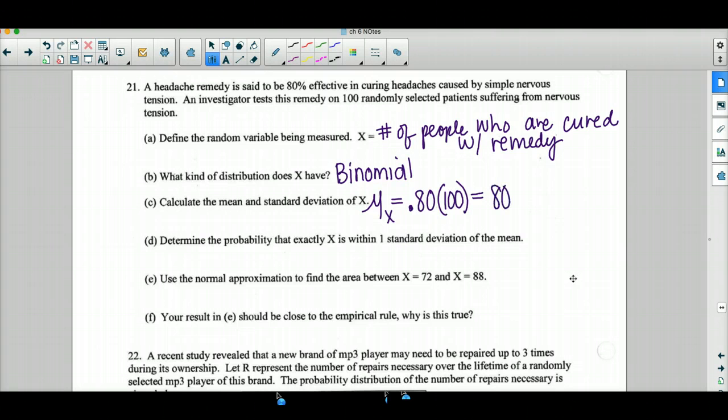So the mean is 80. And the standard deviation is the square root of 100 times success times failure. And I have that it is 4.